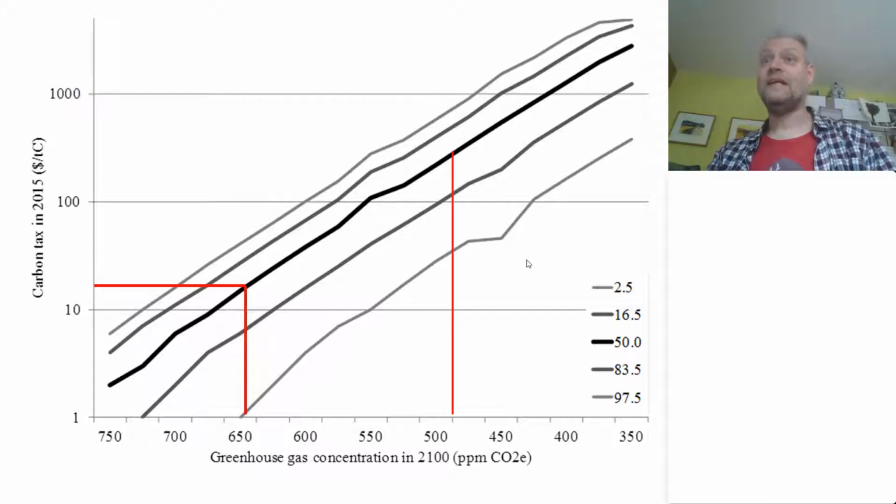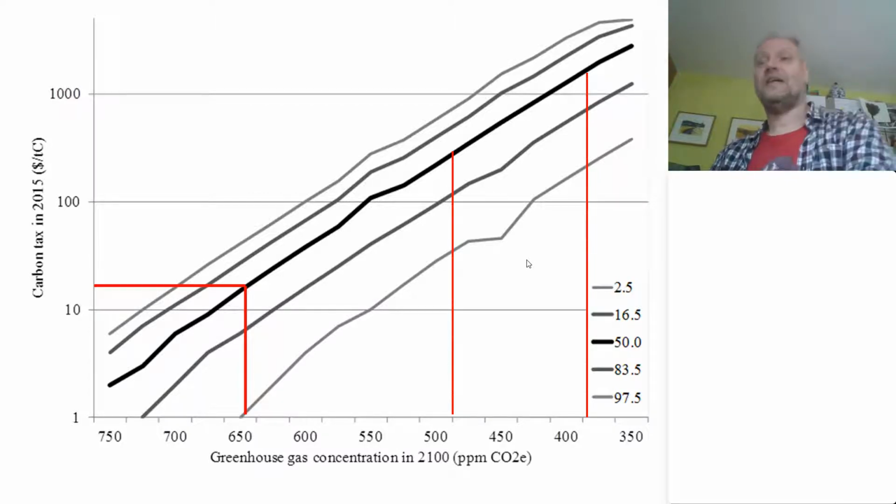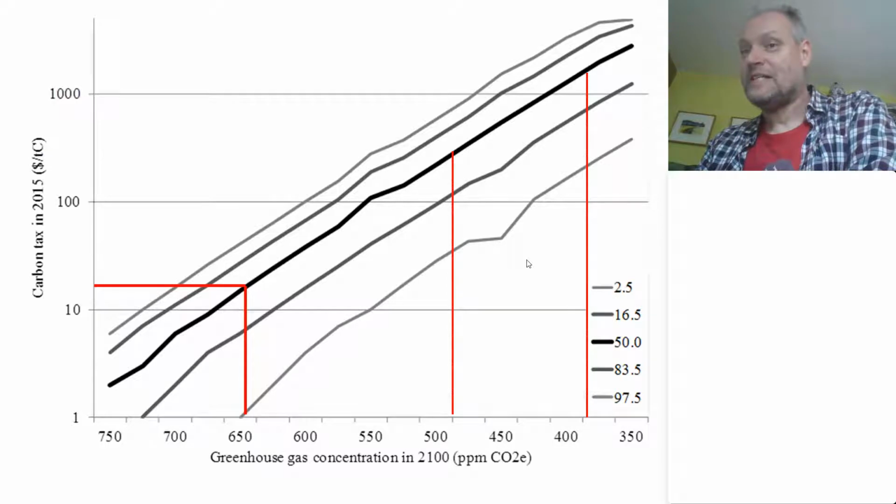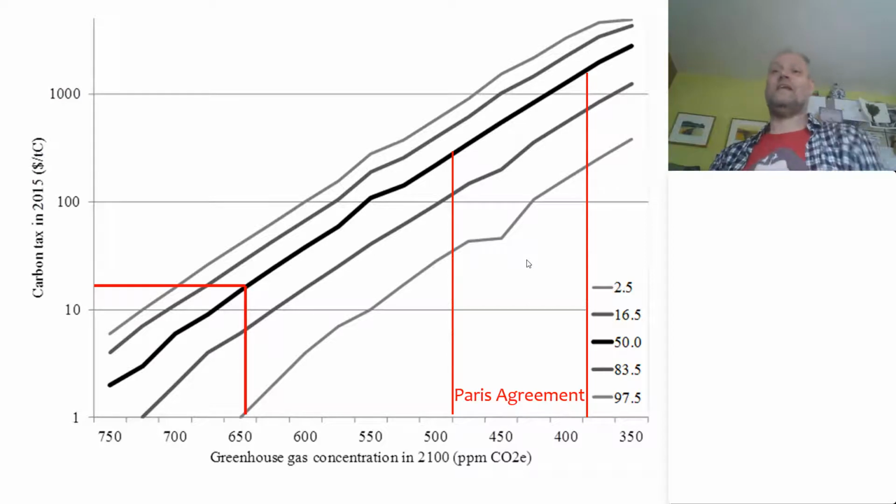Now, this is completely at odds with what the Paris Agreement wants us to do. The 2 degrees target, actually we should aim at perhaps 500, perhaps a little bit less, parts per million. The 1.5 degrees target, we should stay below 400 parts per million.